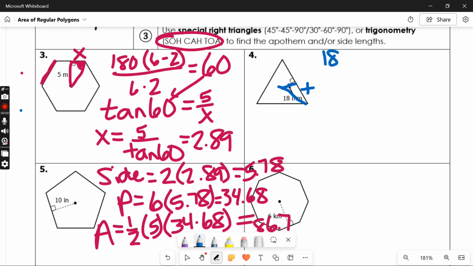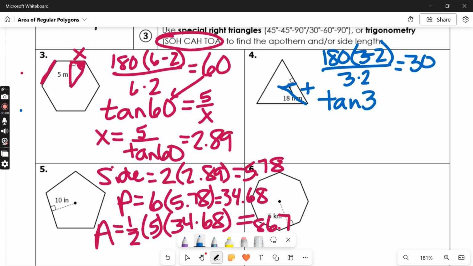I'm going to do 180 times 3 minus 2 all over 3 times 2. Okay, so that gives me 30 degrees. I'm going to say tangent of 30 is equal to 18 over x.